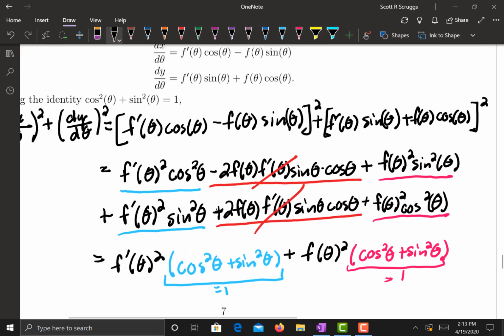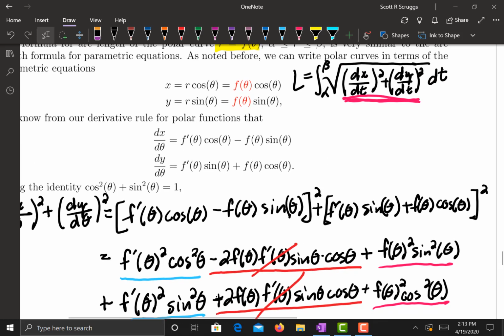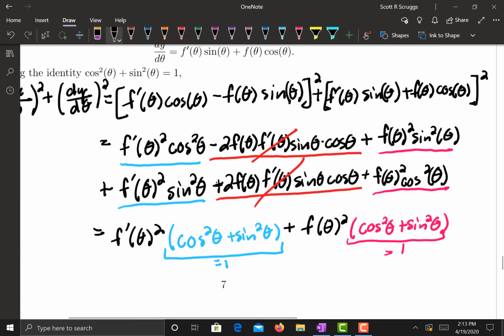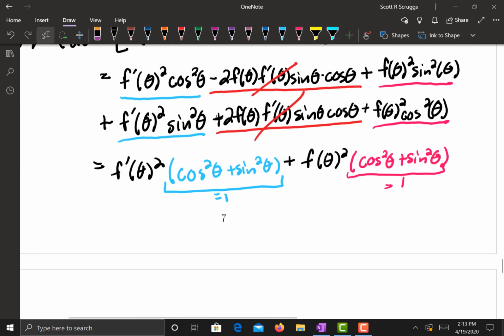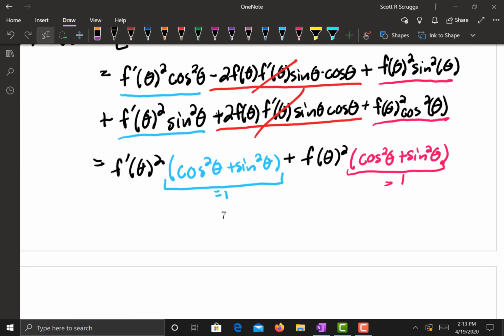Meaning, the component inside the square root of the formula for arc length for parametric equations, for polar curves, that whole thing just simplifies down to the first derivative of the polar curve f squared plus the polar curve squared.